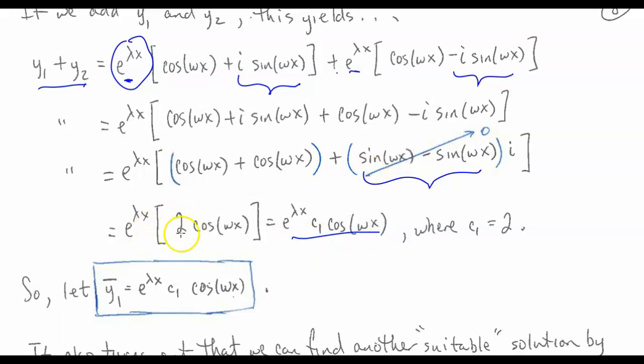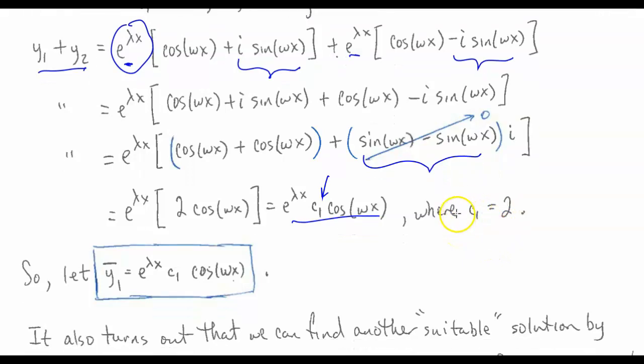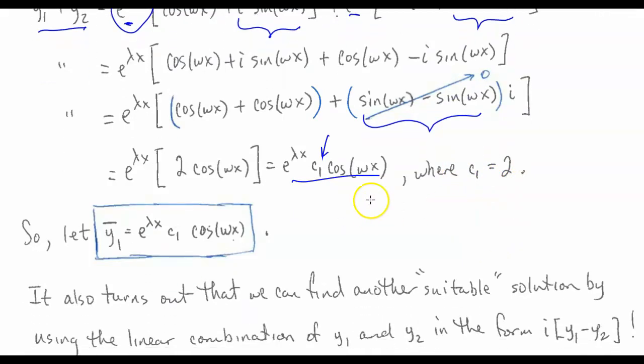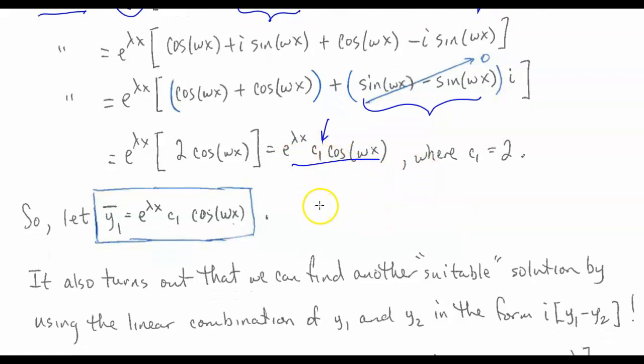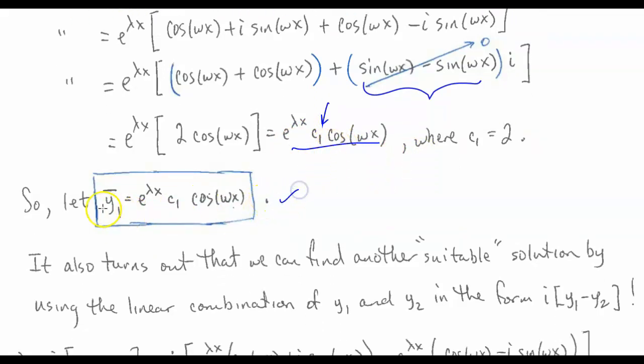And of course, our constant here is just going to be 2. It could really be anything, but in this case, we want to keep it as general as possible. So I name this one y sub 1 bar, which is e raised to the lambda x times c1 times cosine of omega x.